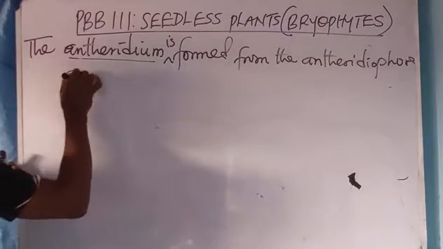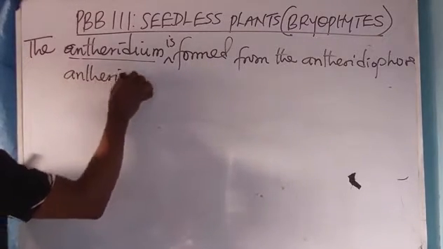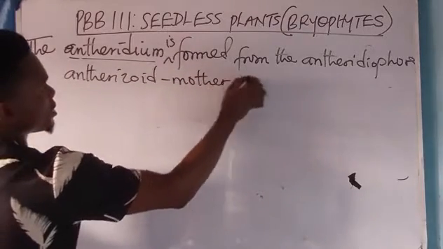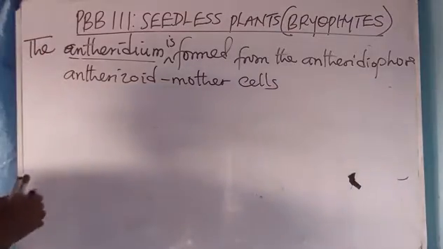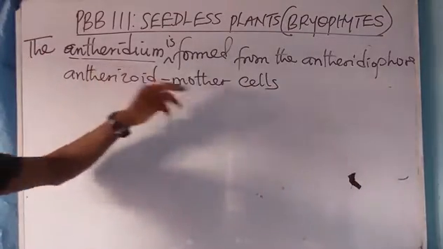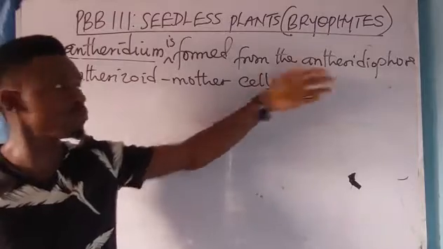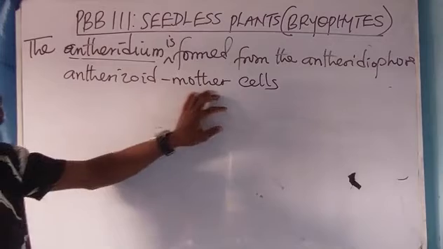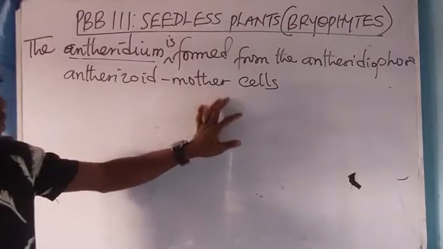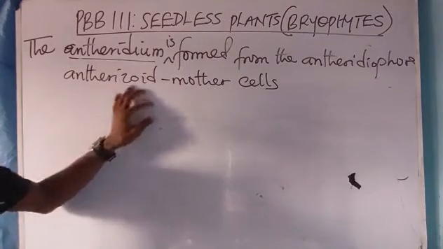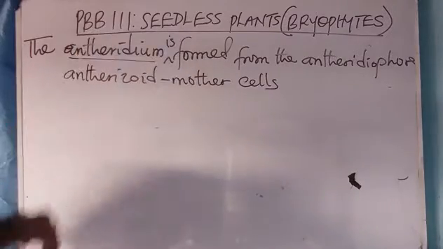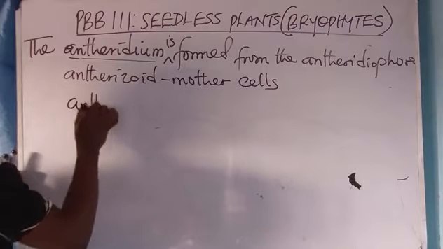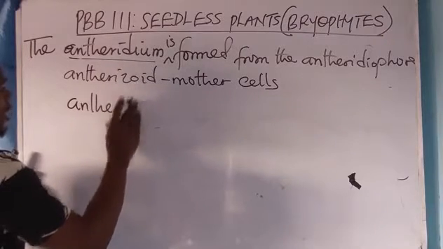It produces antherizoid mother cells. This antheridium that is formed from the antheridiophore produces what? Antherizoid mother cells. Now, these antherizoid mother cells formed by the antheridium would develop into what is called antherizoid.